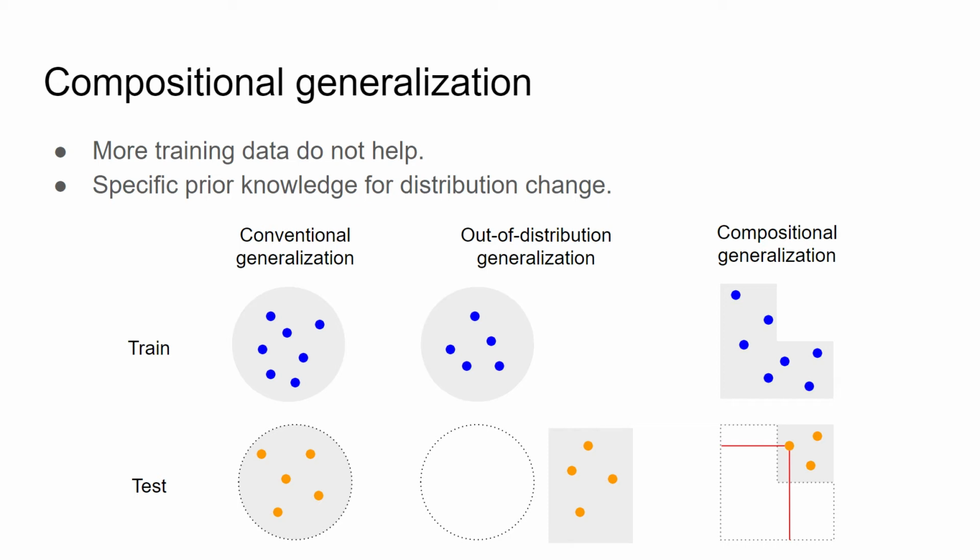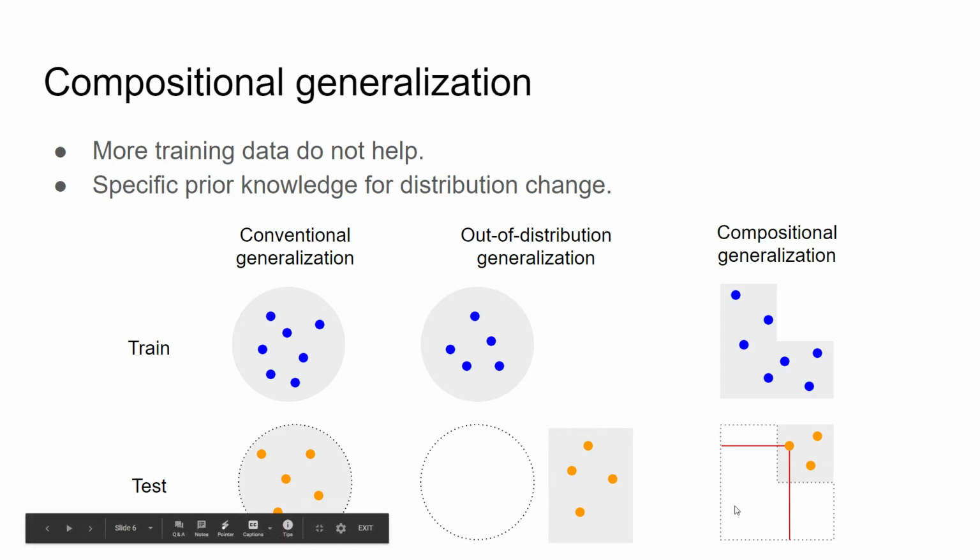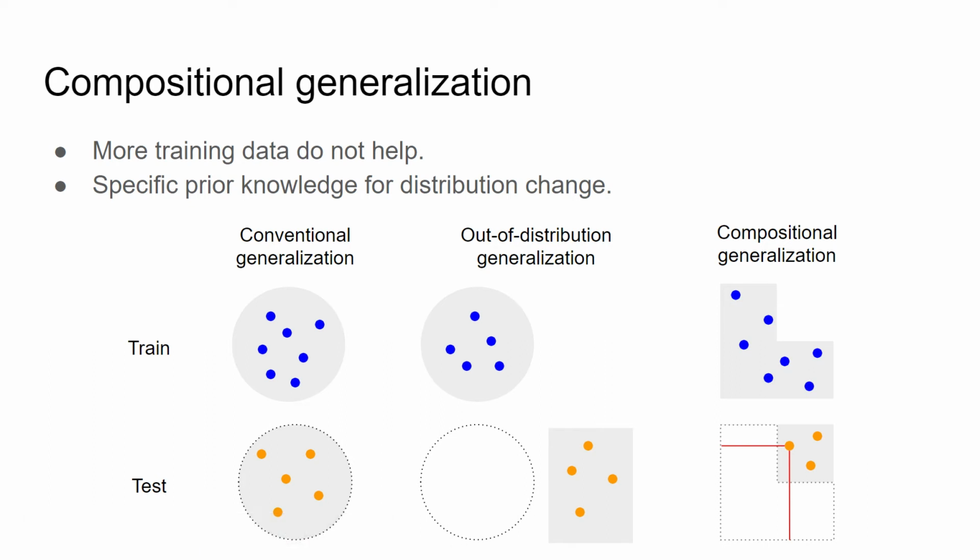Compositional generalization is a type of out-of-distribution generalization. It has multiple components, and the generalization requires recombining values of different components in a novel way. In the lower figure of the right column, the test sample is not in the training distribution, but when we decompose it into horizontal and vertical directions, the values of each component are in the training distribution, and we can combine these values for a test sample.